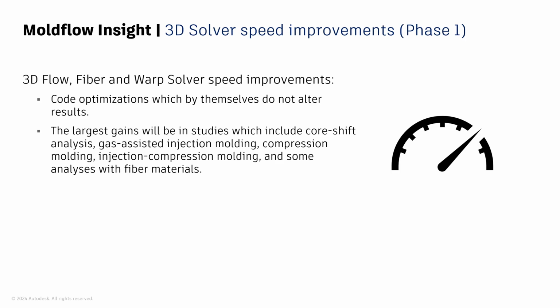And I know that many users use fiber fill materials, particularly for large components, so it could be automobile components or even white goods or appliance components. So you'll be able to see a significant improvement in the solver, and in the next few slides I'll explain what changes we made and how the hardware architecture is also helping us to improve.